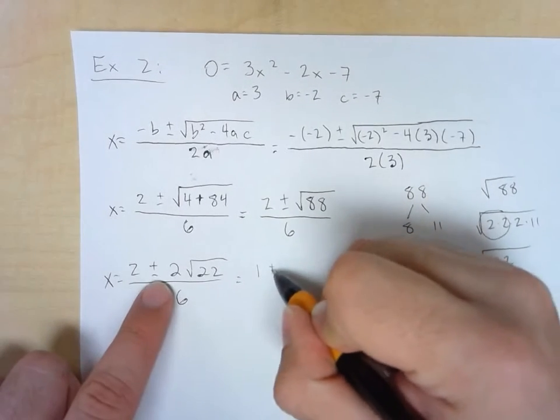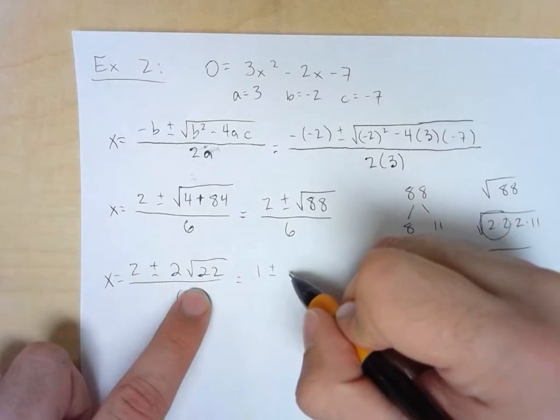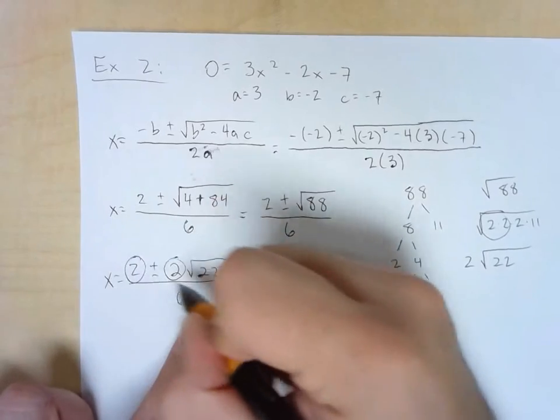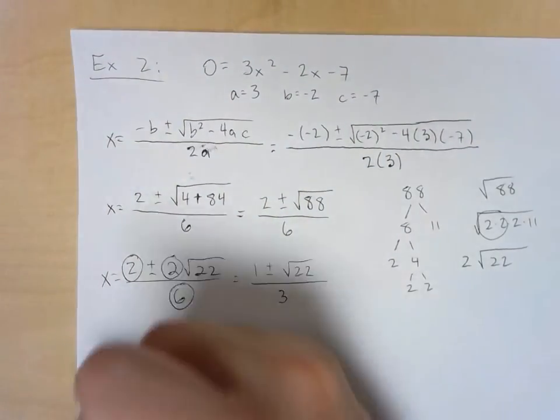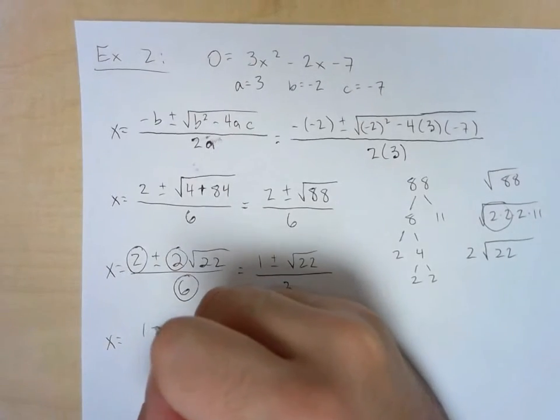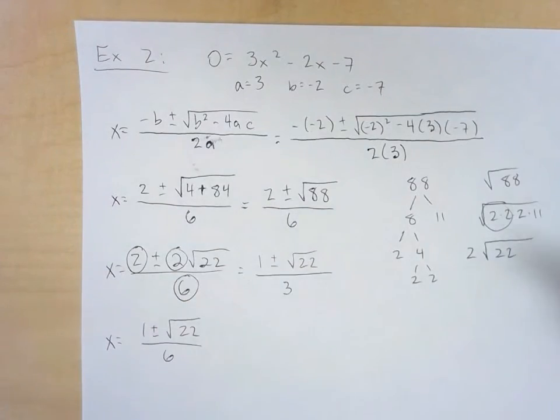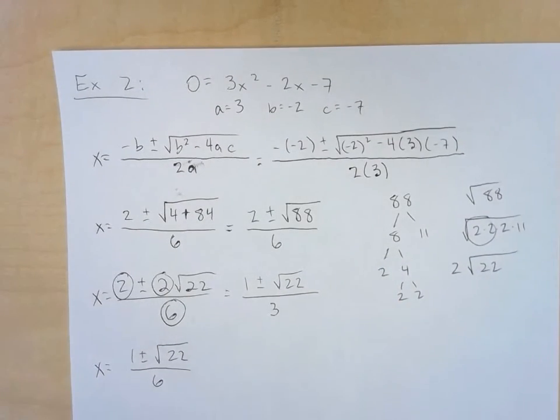So 2 divided by 2 gives us 1, plus or minus 1 square root of 22 is the same thing as just the square root of 22. And again, we don't divide the number on the inside. We're only looking at our numbers on the outside. And then 6 divided by 2 gives us 3. So we can say x equals 1 plus or minus the square root of 22 all over 3. And that is where this graph, were we to actually graph it, would cross the x-axis.